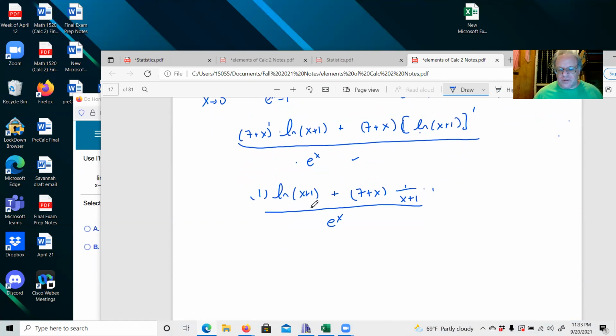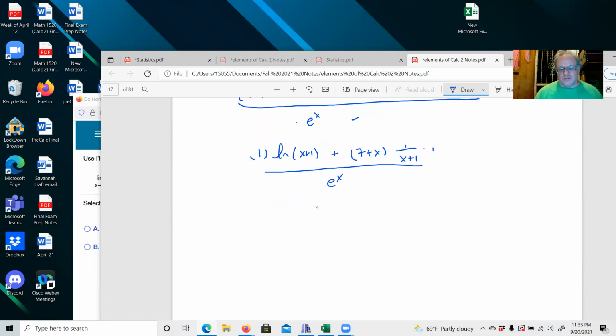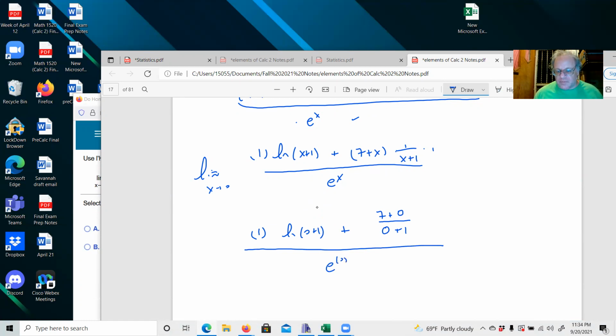All right, so let's see what we have here. If I just go ahead and plug in a 0 here, we're going to have 1 times natural log of 0 plus 1. Well, that's 0, right? Plus 7 plus 0 on top, times 1 over 0 plus 1 on the bottom there, divided by e to the 0.